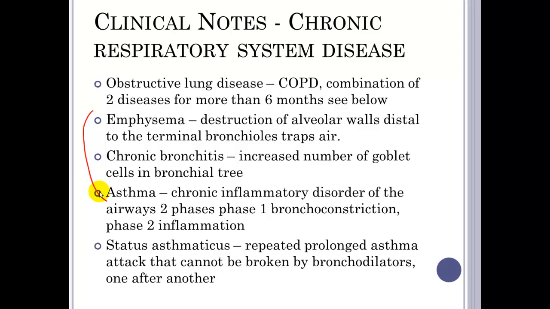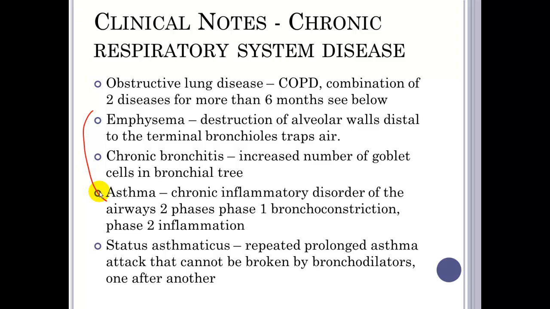Now, what that does is that decreases the amount of oxygen and gas exchange that's occurring. Chronic bronchitis. Increased number of goblet cells in the bronchial tree, and the goblet cells are pretty much mucus producers. These guys are going to make thick, tenuous mucus, which can cause some emphysema as well, or air trapping from that thick, tenuous mucus.